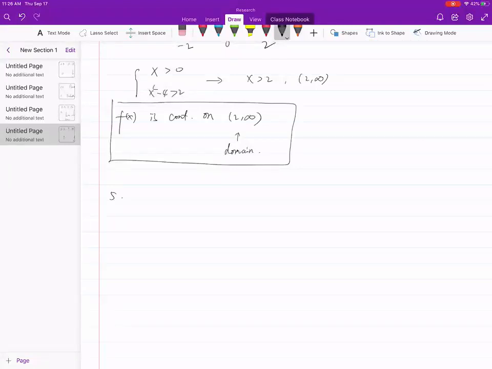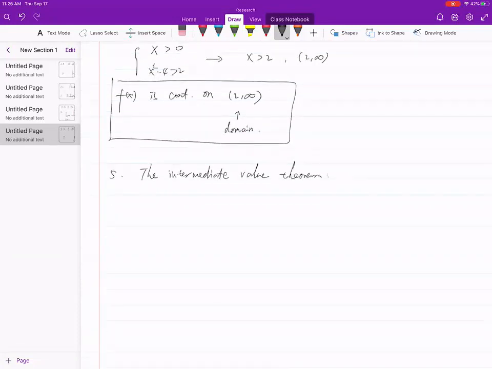All right. One more thing, and the section is over. This one is called the intermediate value theorem. It's phrased as following.